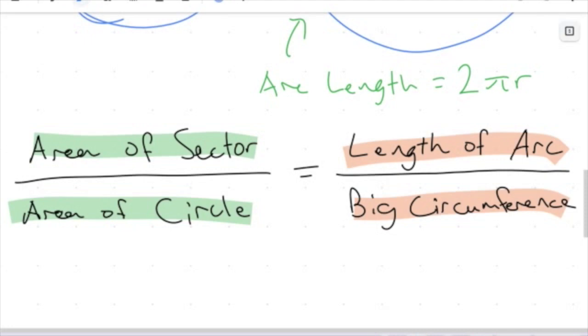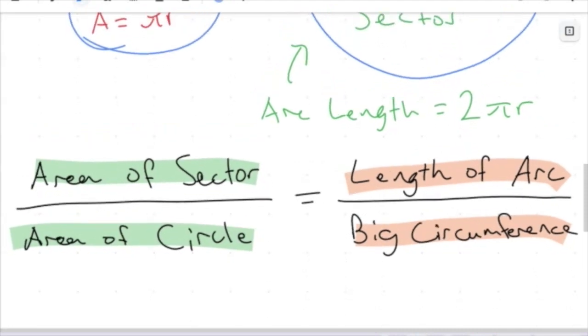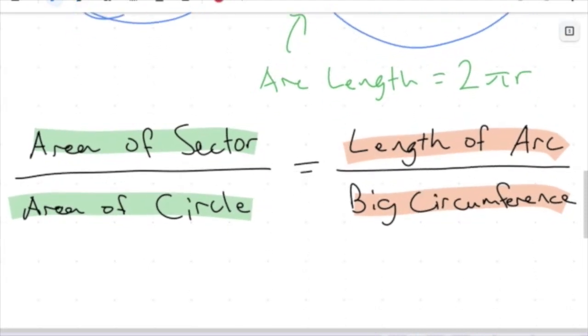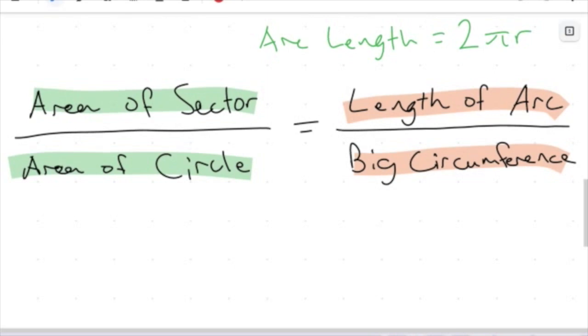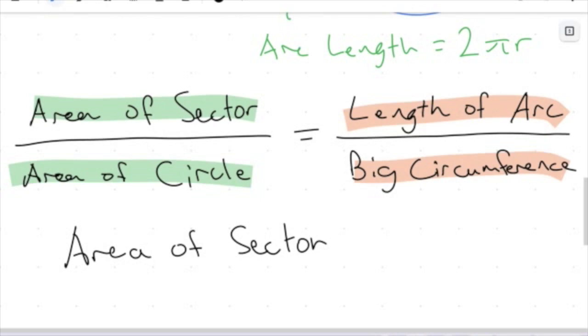And now we want to plug in some values, because the thing we're trying to get to in the end is going to be this thing, right? So we have the area of my sector, and we want to now fill in these other three values. So this one here, this one here, this one here.